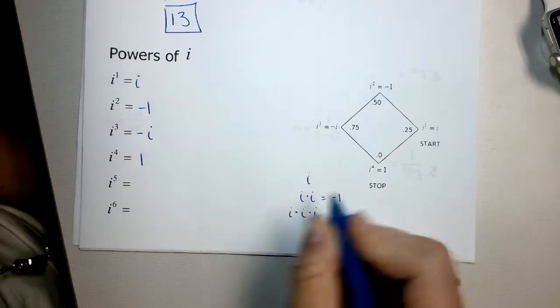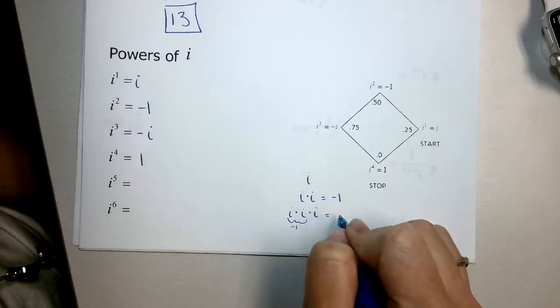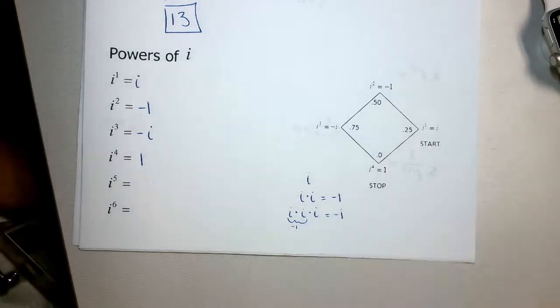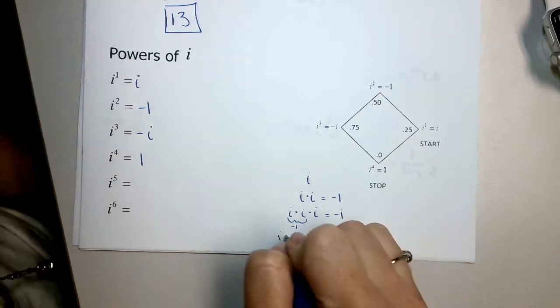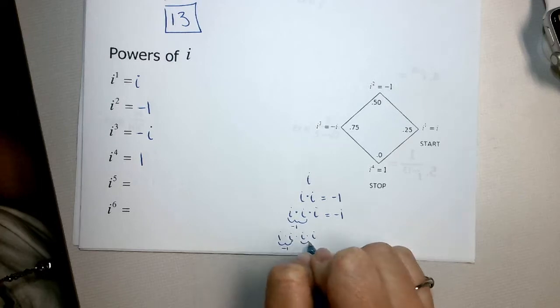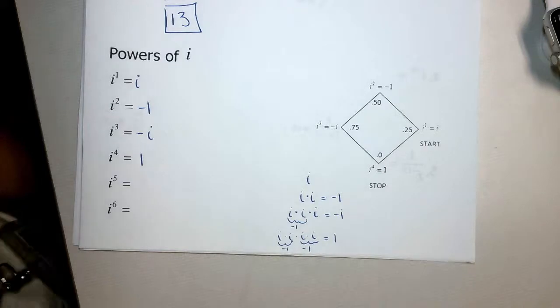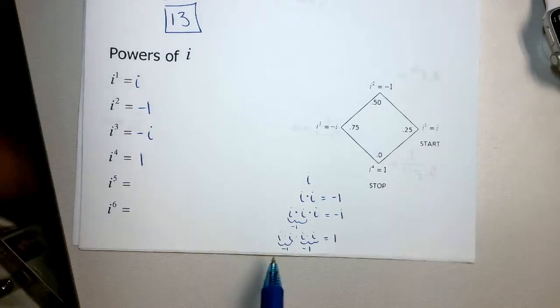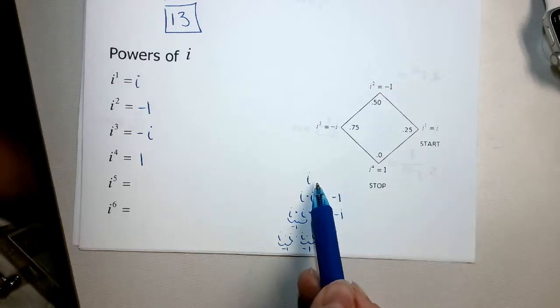Well, this equals negative 1, and negative 1 times I is just negative I, right? So then if I do I times I times I times I, this is negative 1, this is negative 1. What's negative 1 times negative 1? Positive 1, right? And if I throw in another I, don't I have negative 1 times I, which just gives me I again? So what I'm saying is there's only 4 options.